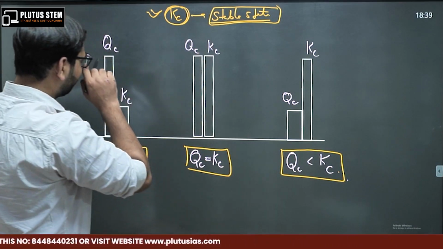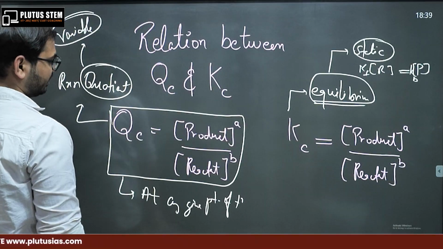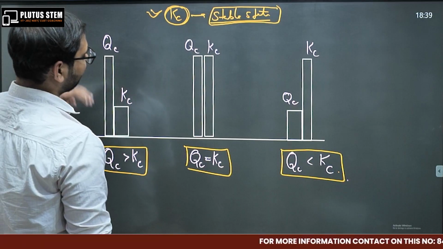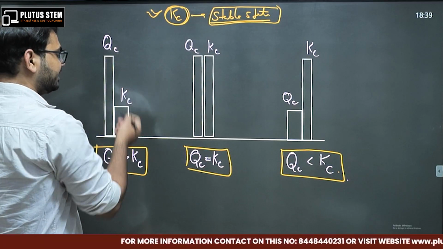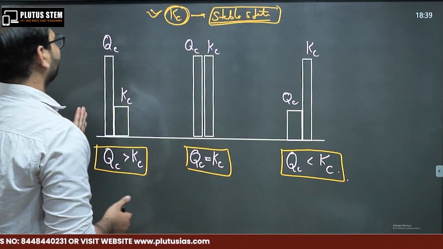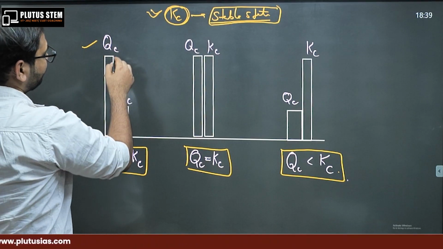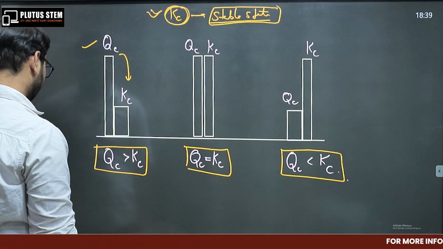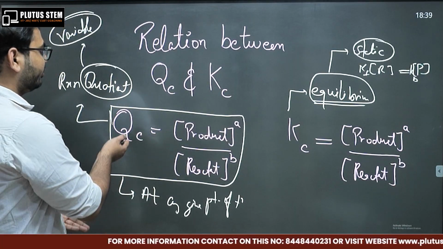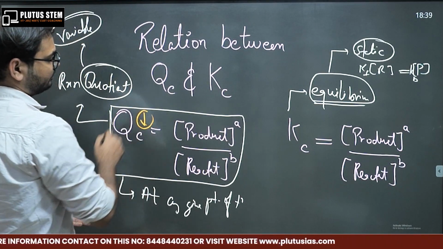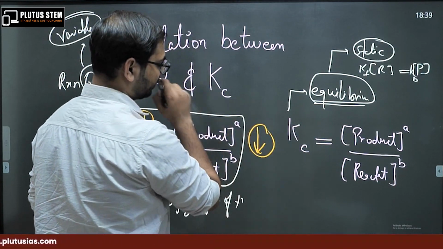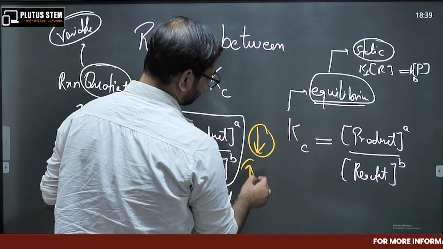If you closely look at it, Qc is represented by concentration of product and reactant. Now here, my Qc is having higher value and Kc is having lower value. Since equilibrium is the most stable state, in which way can Qc reach the value of Kc? In this case I need to decrease the value of Qc, and that can be done in two ways. I can either decrease the concentration of product, or I can increase the concentration of reactant.